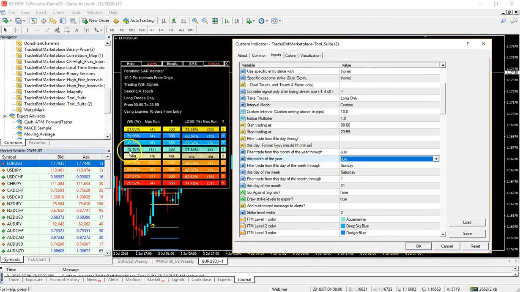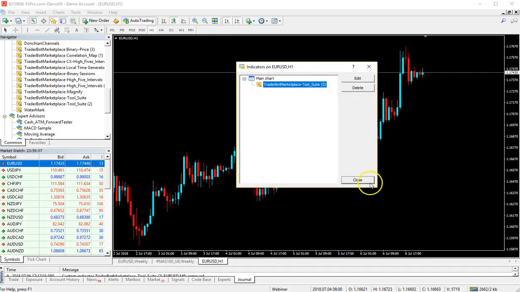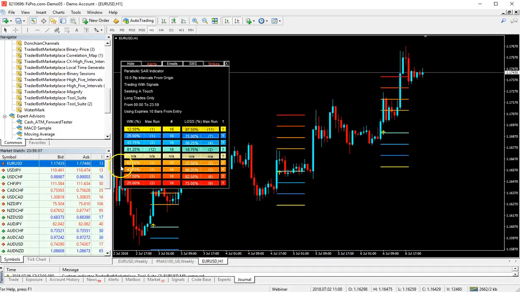Let's go with the 75% right here. If this jumps up, then we know that assumption is wrong. If this jumps down, we know that assumption is correct, that July is the worst month for trading. Let's take a look. Okay, it did go down. So that confirmed that July is not necessarily great for this strategy, at least.